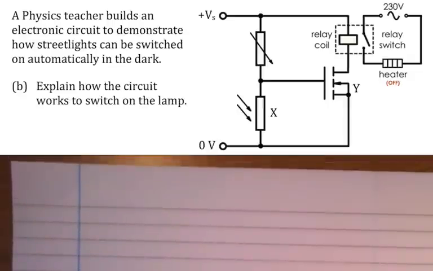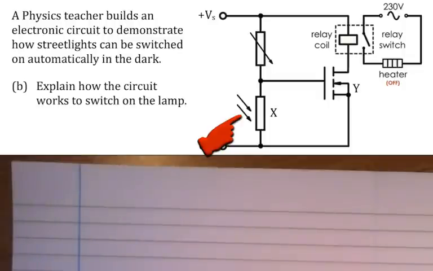Now we said before in the potential divider that if you wanted the output voltage, which would be here, then it's the voltage across this bottom component. In these circuits, the most important voltage is the voltage across this bottom component, and you're looking for what could be called the active component in this circuit, something where heating it up, or shining more or less light on it, is going to change its resistance.